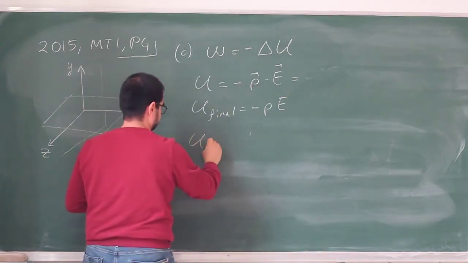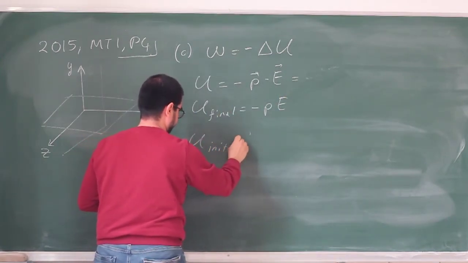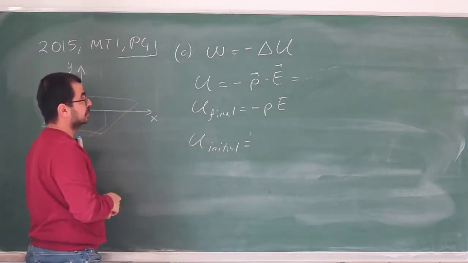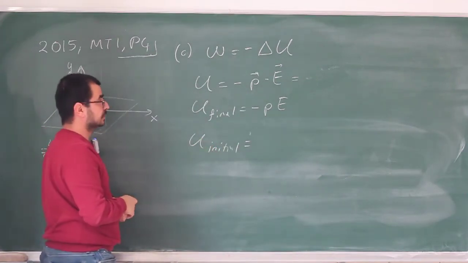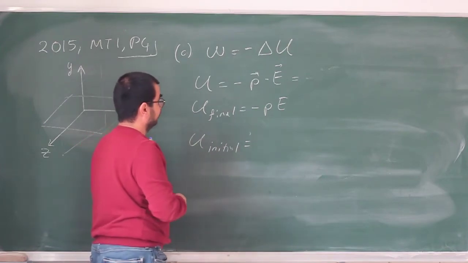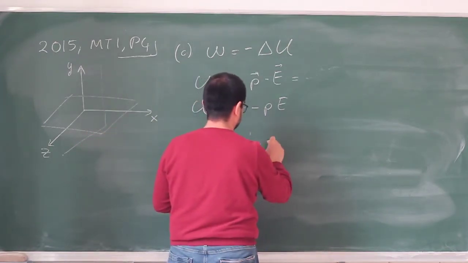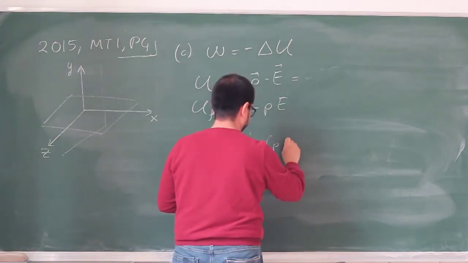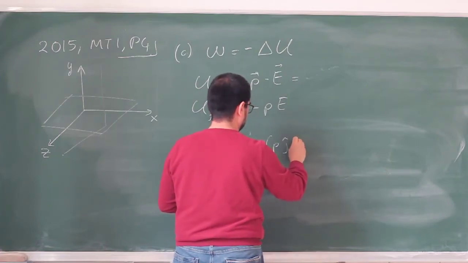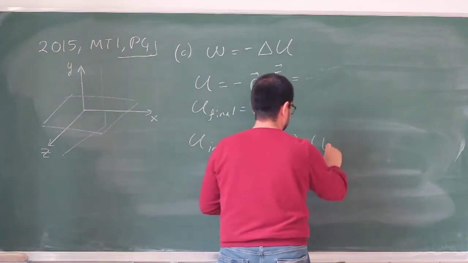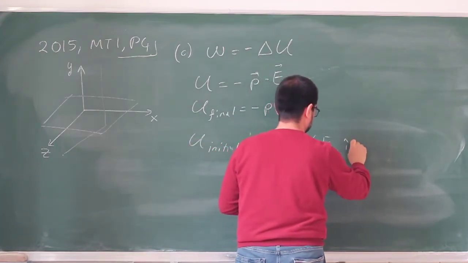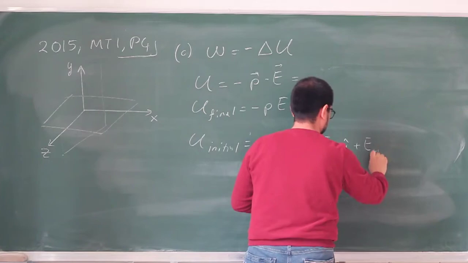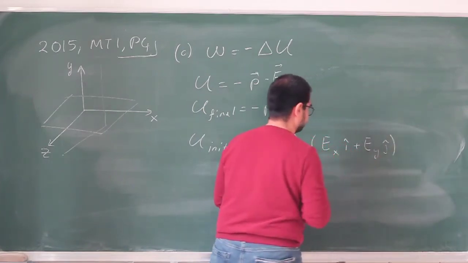The initial potential energy requires you taking the dot product honestly, but so what does this look like? So minus P, what was this, k hat dot product with Ex i hat plus Ey j hat. Okay?